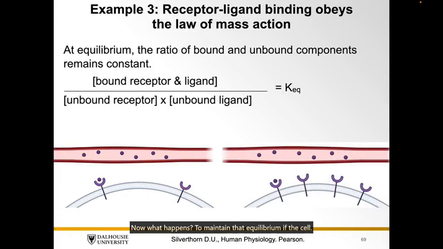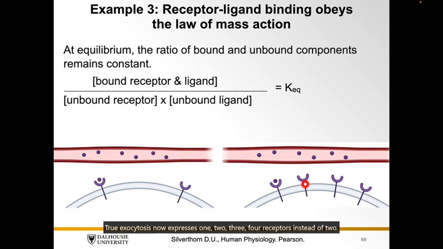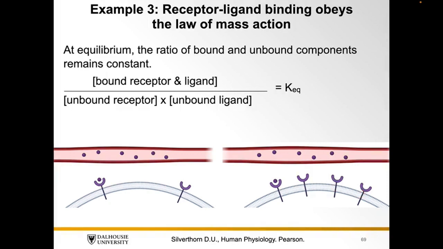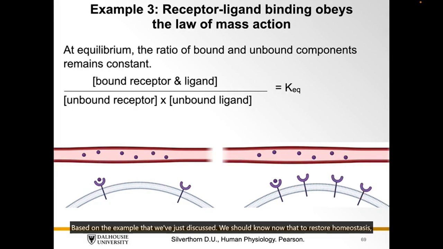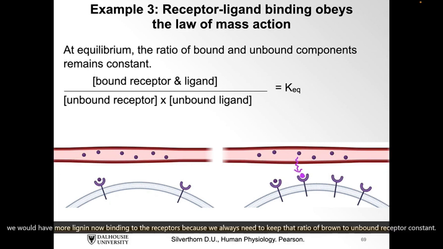Now, what happens to maintain that equilibrium if the cell, through exocytosis, now expresses 1, 2, 3, 4 receptors instead of 2? Based on the example that we've just discussed, we should know now we would have more ligand binding to the receptors because we always need to keep that ratio of bound to unbound receptor constant.